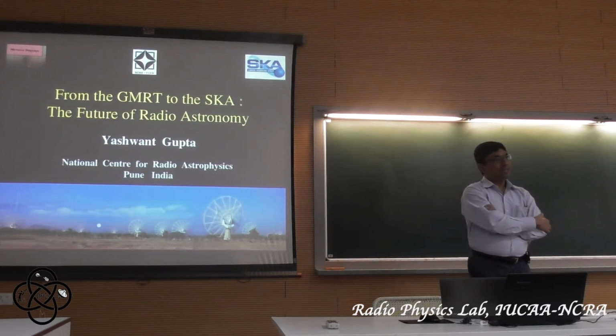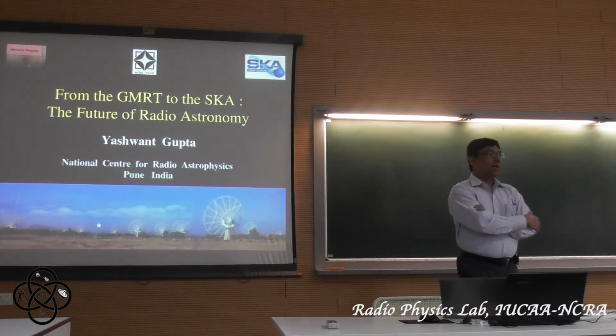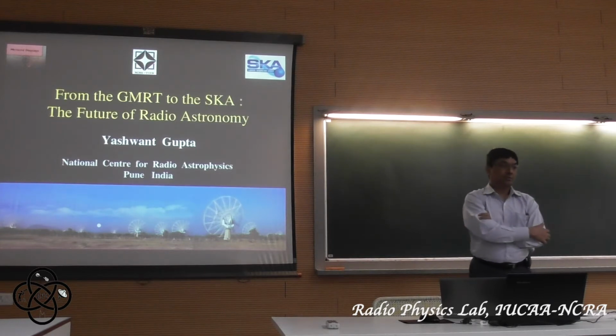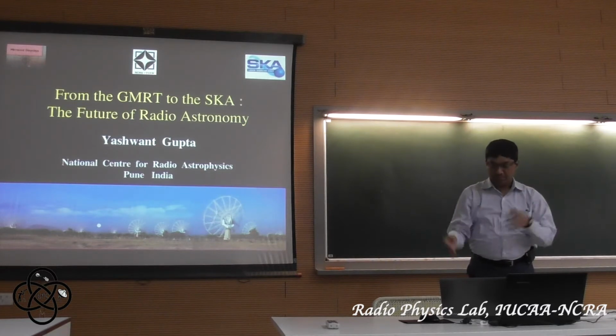They may be spread out over any distance, but the actual amount of collecting area that they represent is 1 square kilometer, which is huge. So it's like saying that it's an antenna whose area is 1 kilometer by 1 kilometer. Of course it's not in one piece, and that's what we will see.